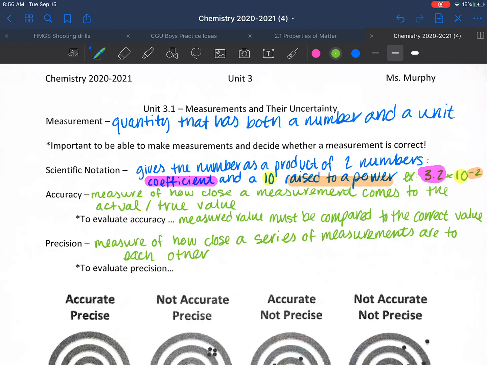So, to evaluate precision, you must compare values of two or more repeated measurements.